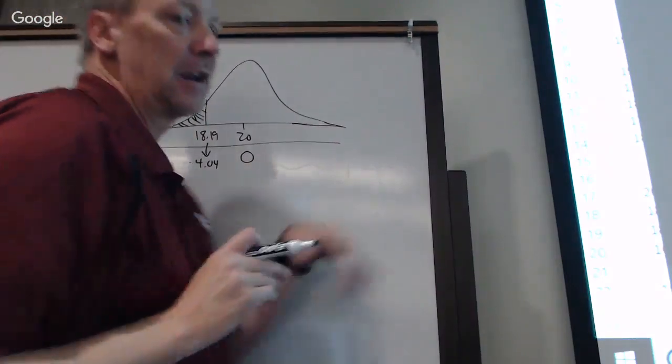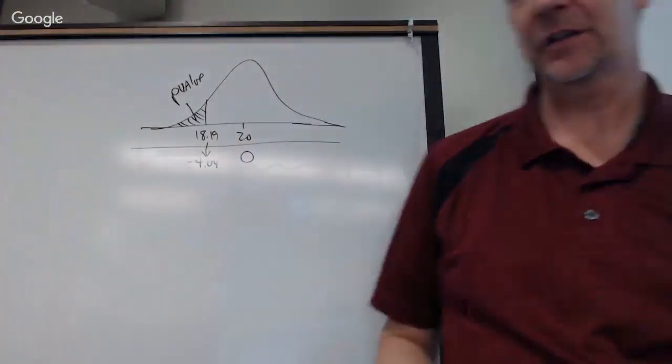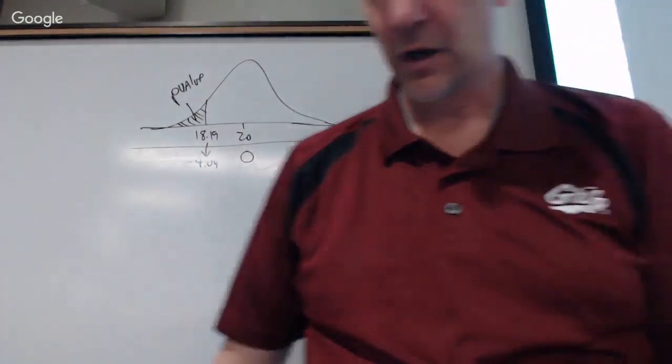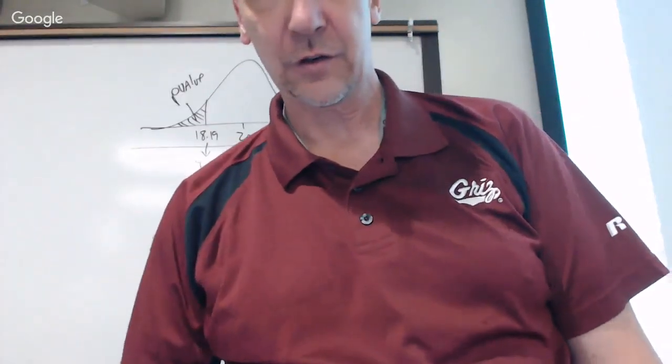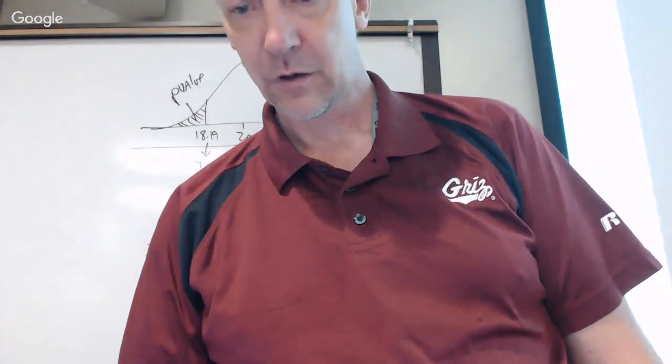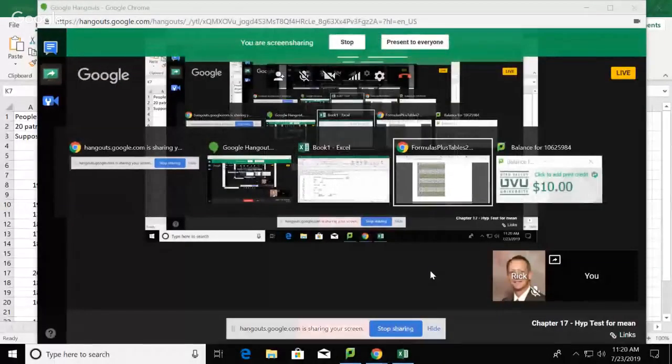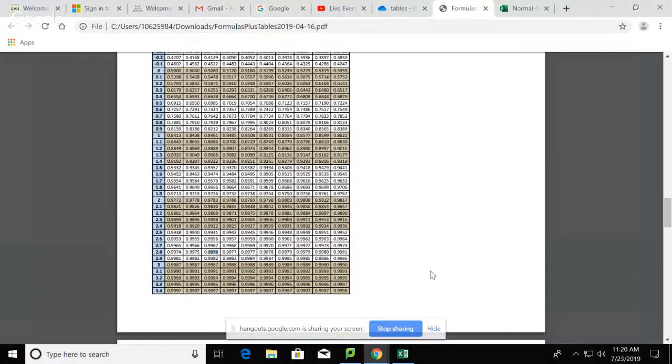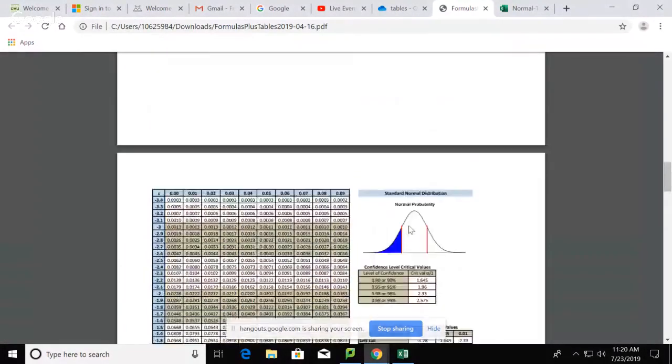Now, let me show you something interesting here. Let's go to my chart. What do you notice about my chart? Where does negative 4 fit on my chart? It's off the chart.